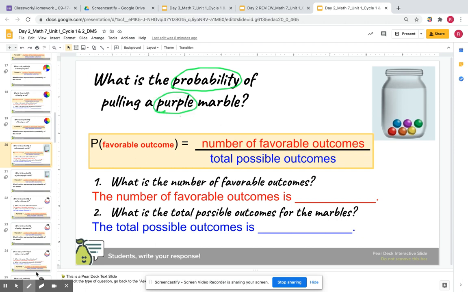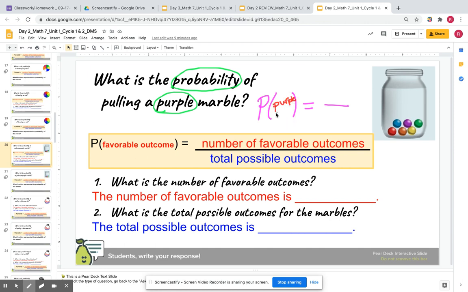So based off that, we do have an equation. It gives us a fraction. So P for probability, and include the parentheses, that is equal to a fraction. We're going to find out what that is in a little bit. But anyways, what goes inside the parentheses? I hope you're able to respond that it includes the word purple, because that's where we're interested.